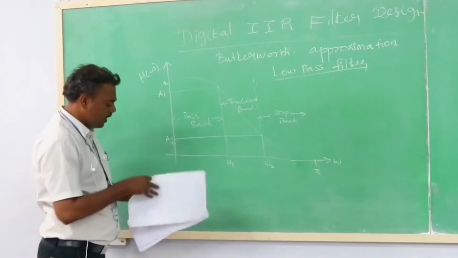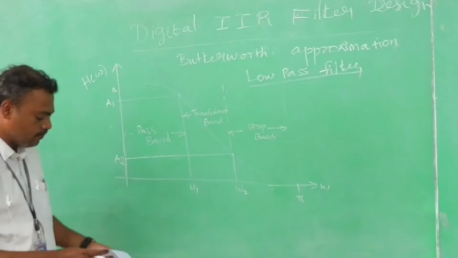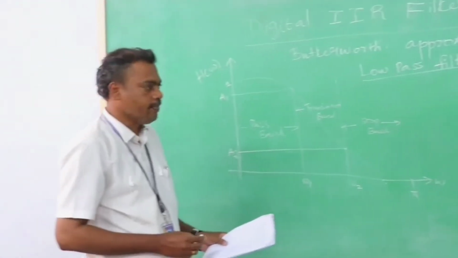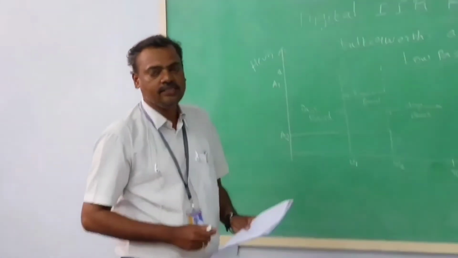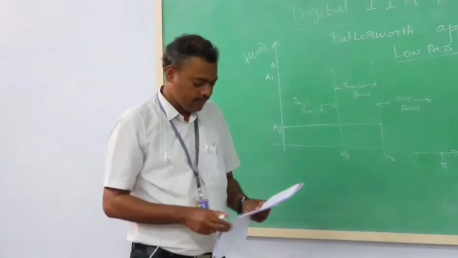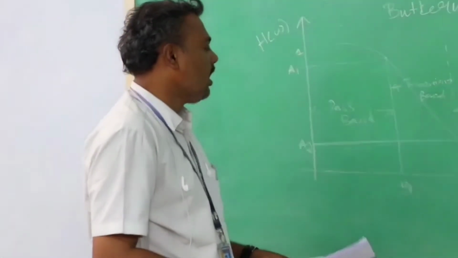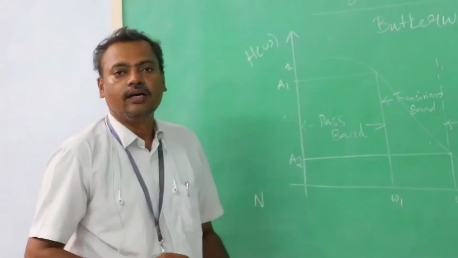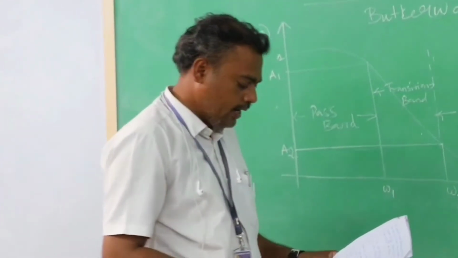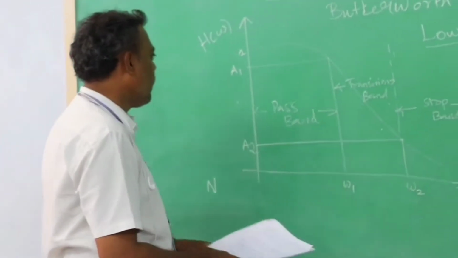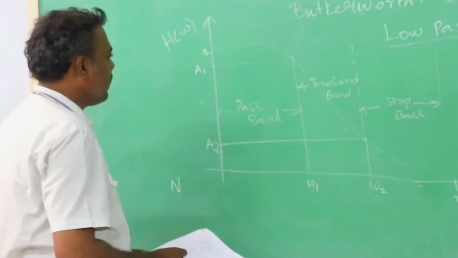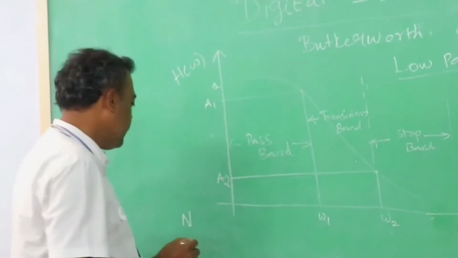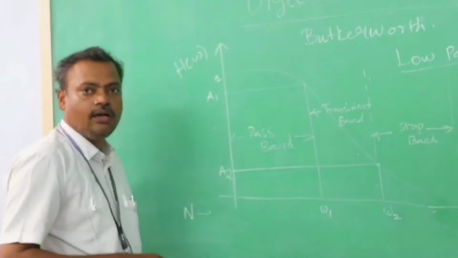The Butterworth approximation filter has some properties. The Butterworth filters are all pole designs, meaning the zeros of the filter exist only at infinity. The filter is of order n. The filter order n completely specifies the IIR filter, and the magnitude response of the IIR filter approaches the ideal response when n increases.